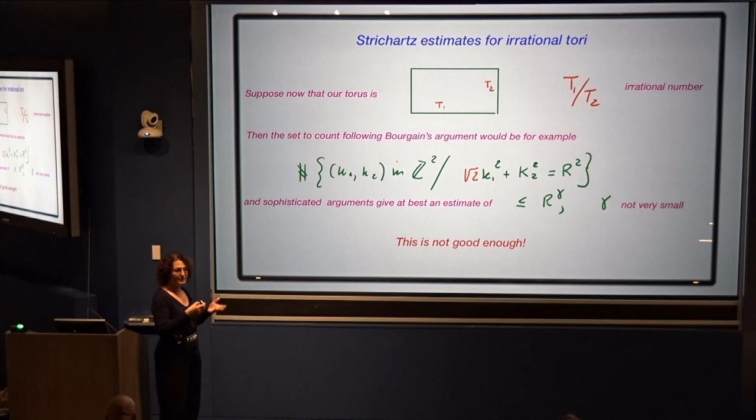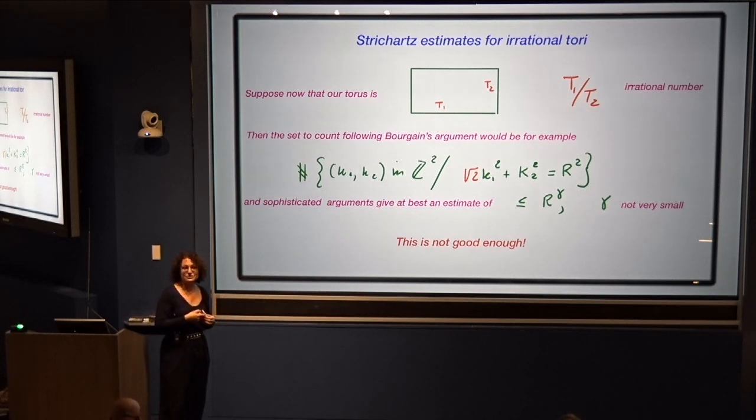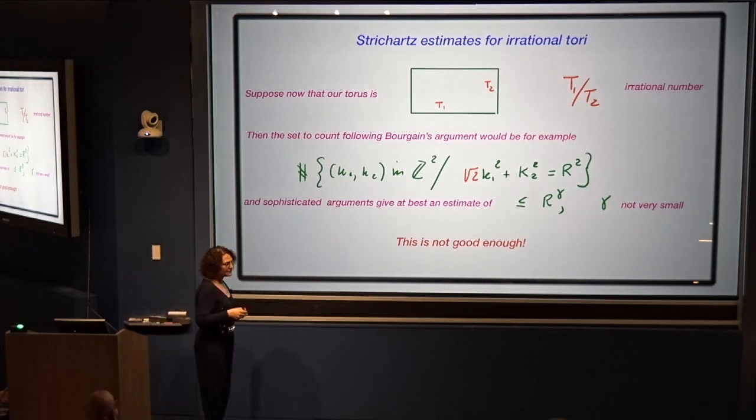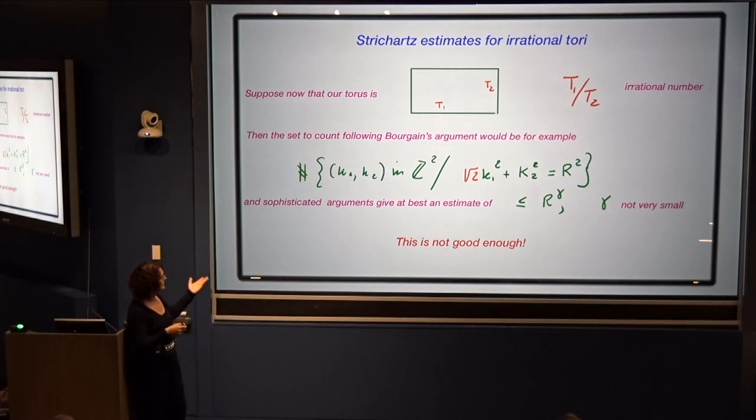You can calculate how many solutions and so on. But if T1 over T2 is an irrational number, then you will need, for example, this type of estimate, where here, just to understand the idea, I put square root of 2, which is a very irrational number. And the estimate of this is actually much harder, and there is really deep work of Bombieri and Pila and so on.